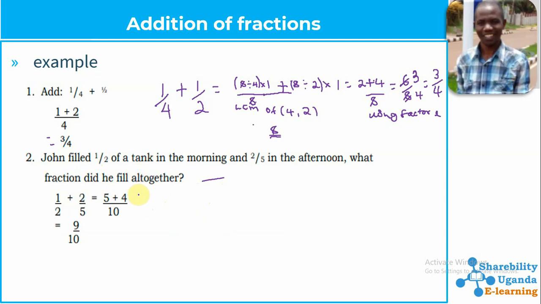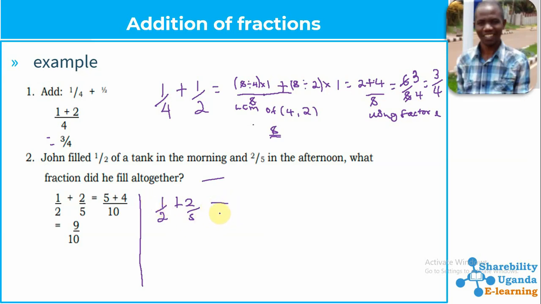So they only want you to add our fractions. We have a half, that's 1 out of 2, plus 2 out of 5. We look out for the LCM, the lowest common multiple. After getting it, we divide and multiply.